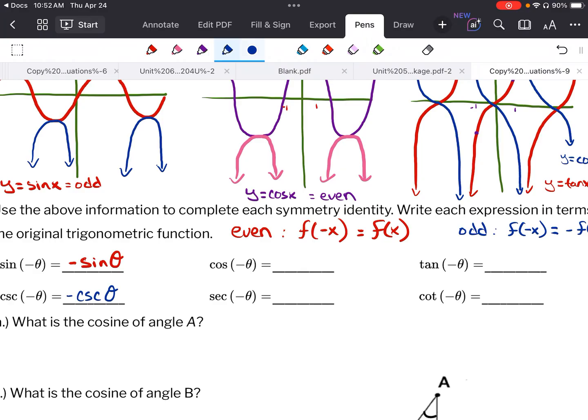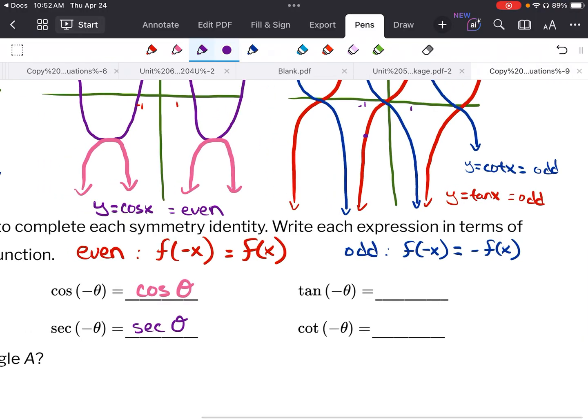The cosines were even, so the negative theta plugged into a cos would give you the same value as the positive theta plugged into cos, and same with secant. And then tan is odd, so we'd get negative tan and negative cotan.